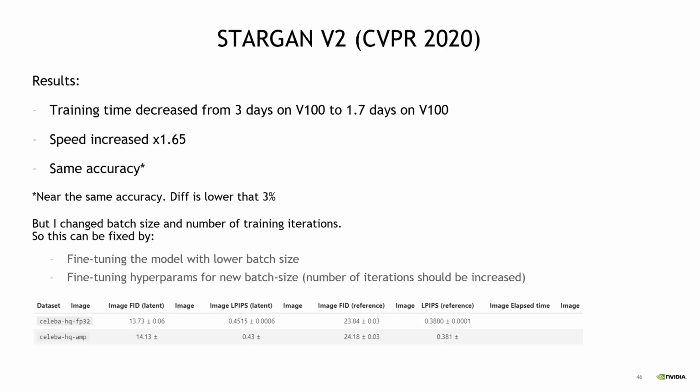We can fine-tune the model with a lower batch size at the end to achieve the same accuracy, or we can fine-tune hyperparameters again for the new batch size. We can increase the number of iterations of training.